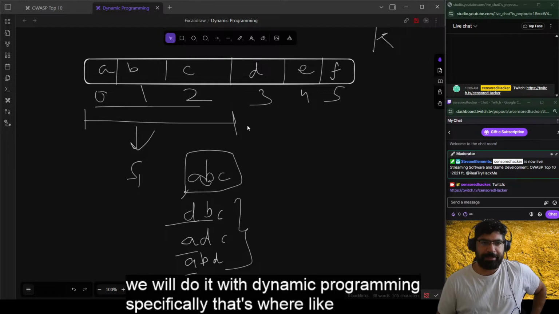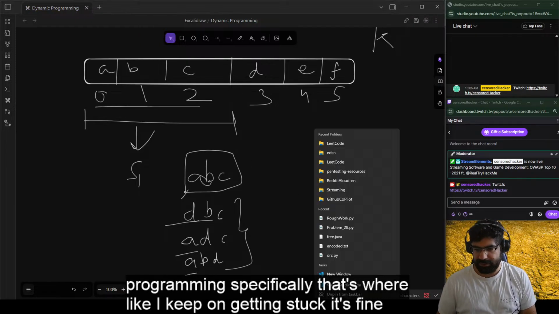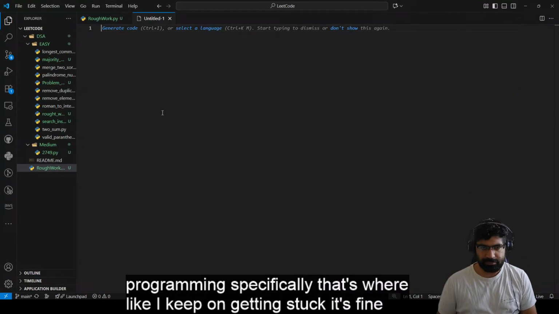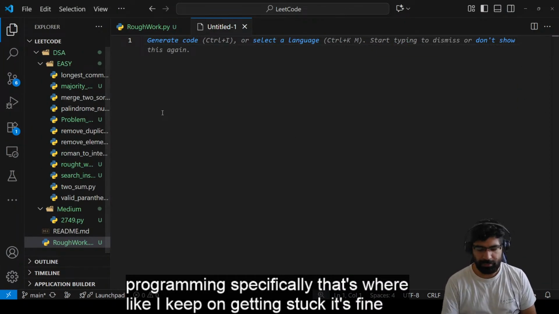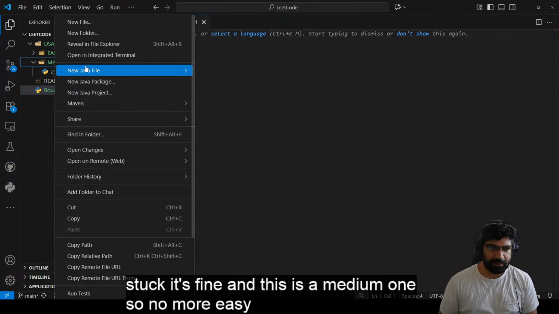That's where I keep on getting stuck. But it's fine, we'll start with just this. And this is a medium one, so no more easy here.